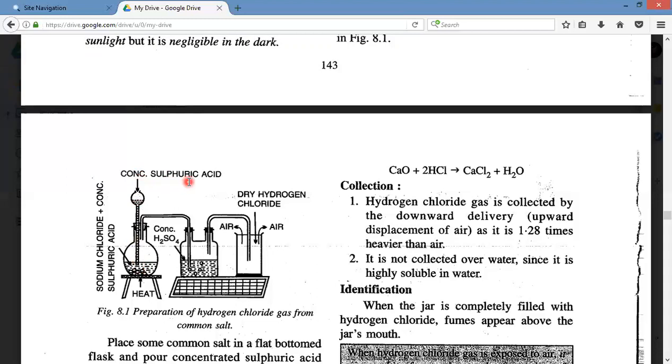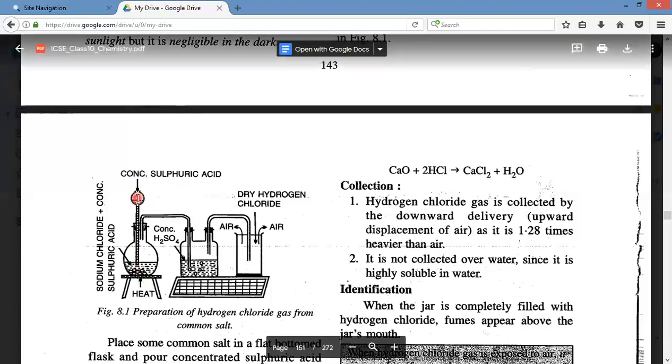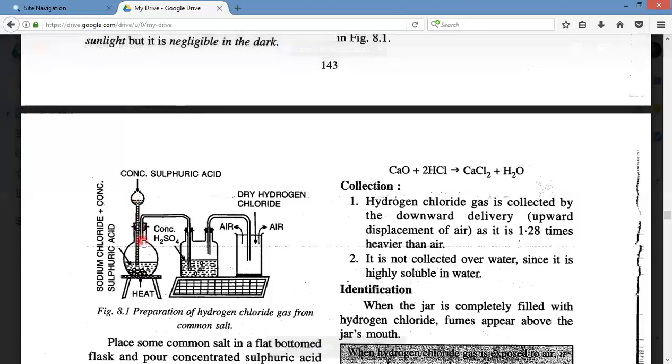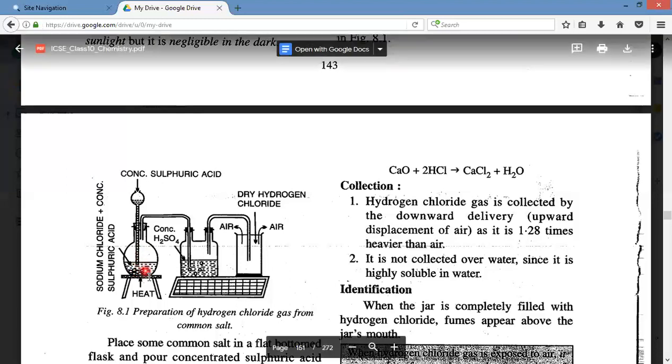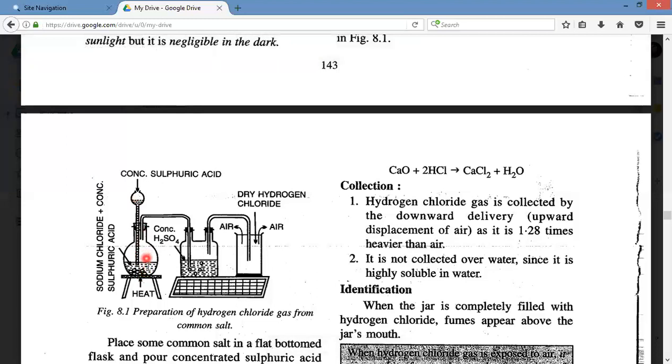The thistle funnel is used so that concentrated sulfuric acid can be added drop by drop. Always remember your sulfuric acid should be added drop by drop, and this thistle funnel should dip into that solution. As the process begins, the reaction starts, effervescence begins, and that effervescence leads to the formation of a gas.